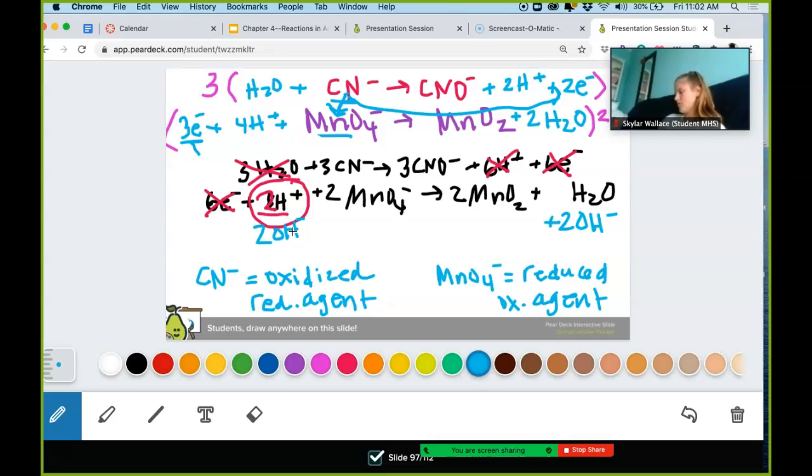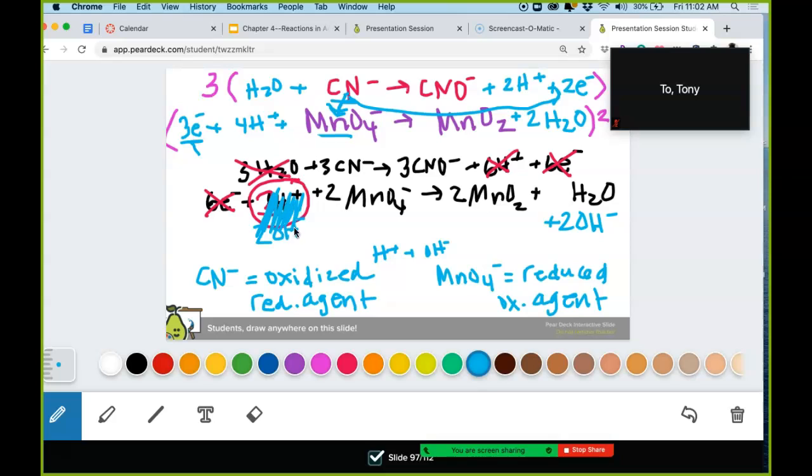What do H plus and OH minus make? Water. Good. So what's happening right here is pretty much neutralization. So if I have 2 H's and 2 OH's, these are really going to combine to make 2 waters.